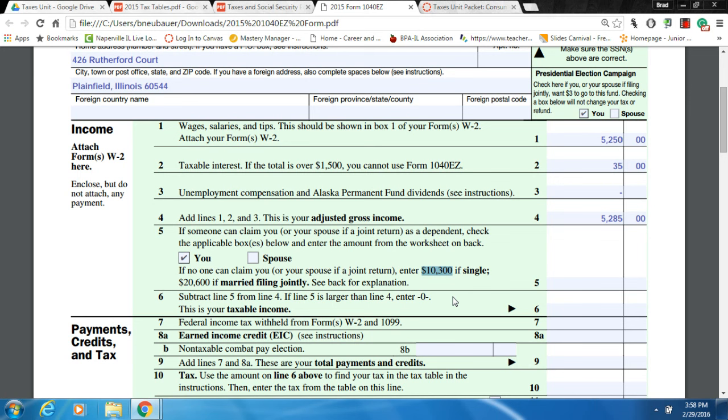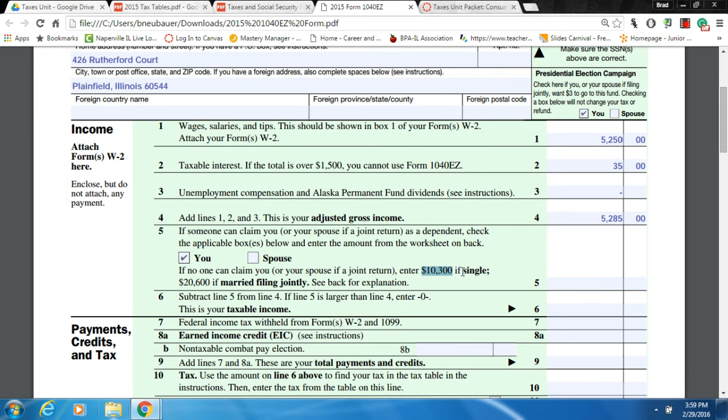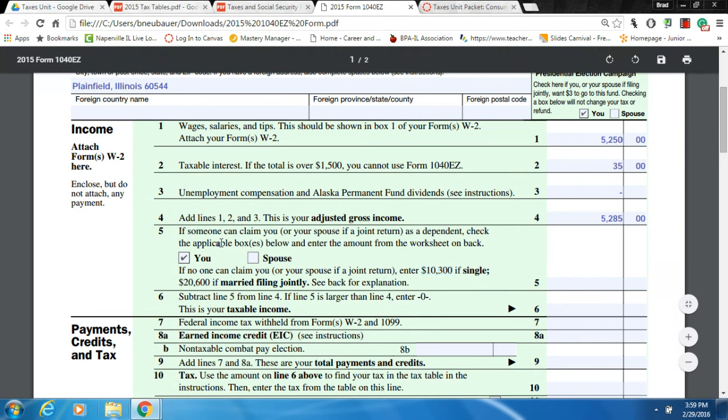So if you had you and a spouse, each person would get the $6,300 standard deduction, and each person would get $4,000, and that would give you the $20,600. If it is just you who is single, you would get the standard deduction of $6,300 and the exemption of $4,000, which gives $10,300.